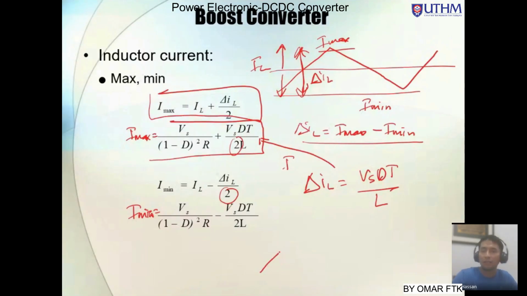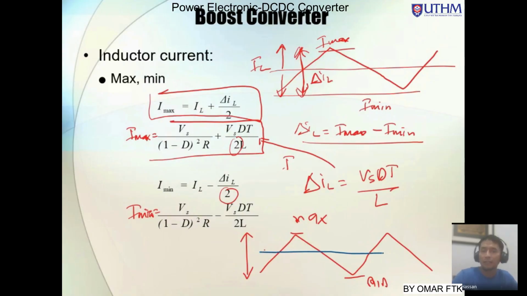So if we have the ripple current like this, the top one is Imax, the bottom one is Imin, and delta IL is the difference between Imax and Imin. So our inductor current is sitting in the middle, IL. This is IL.